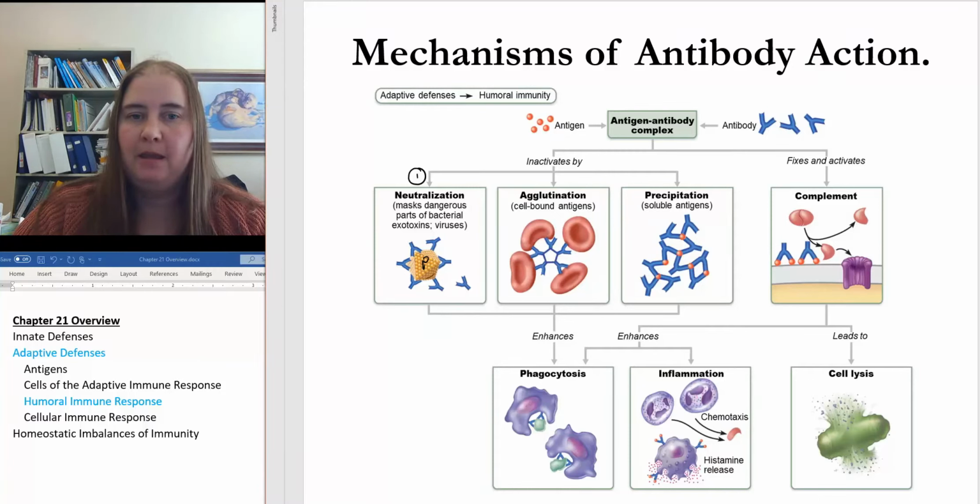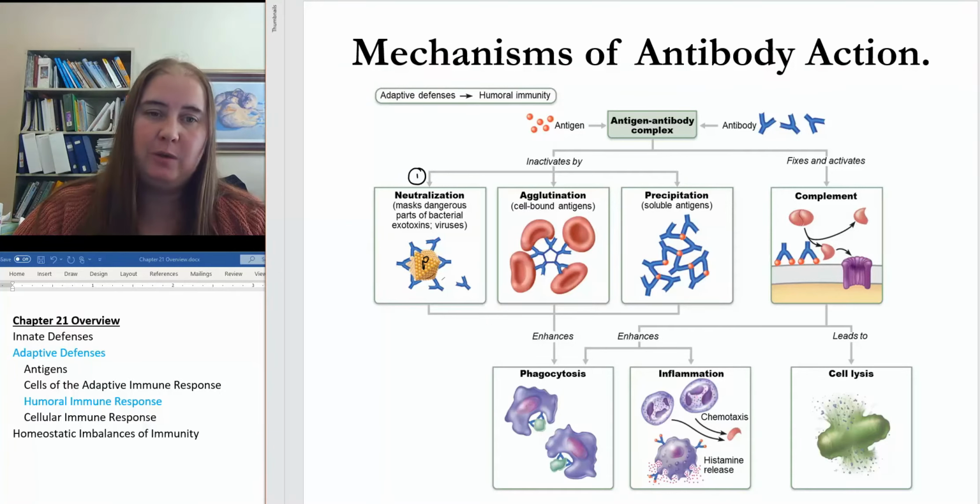And when it coats that pathogen, it targets it for phagocytosis by our innate defenses. It can agglutinate, which means these antibodies bind to the antigens on the red blood cell, and then these antibodies actually clump together, and this clumping also triggers phagocytosis.